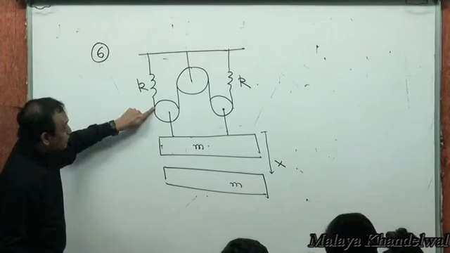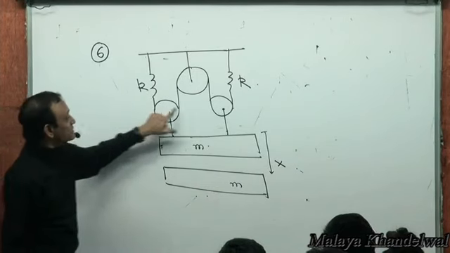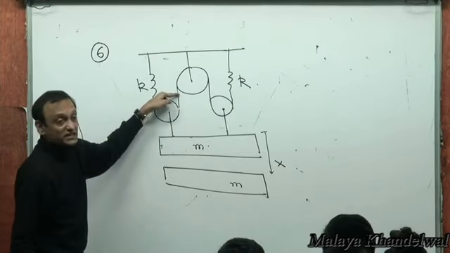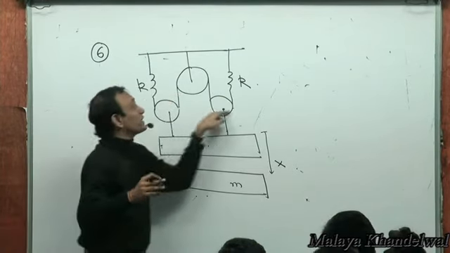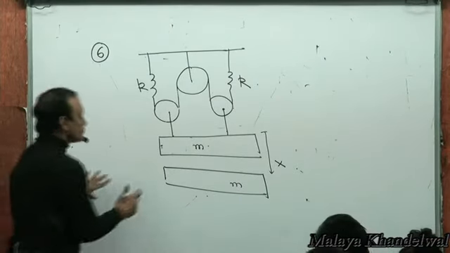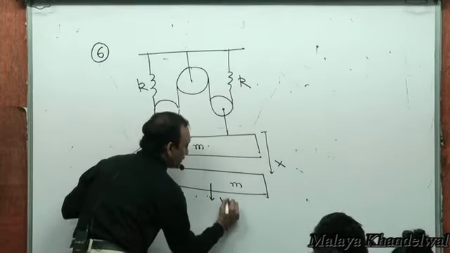That means this part of the spring would have increased by an amount x, this part of the spring would have also increased by an amount x. That means this one spring has increased by an amount 2x, this spring would have also increased by an amount 2x. Yes or no? So if it moves down, let's say it would have acquired a velocity v.